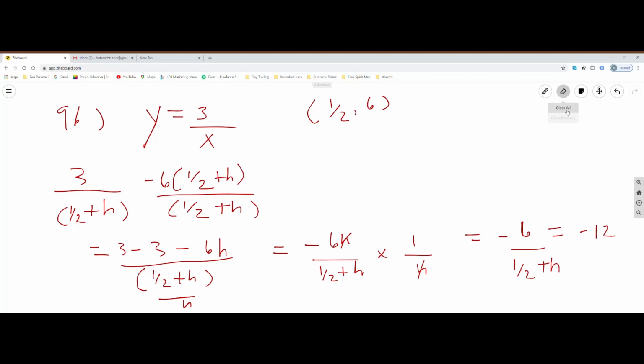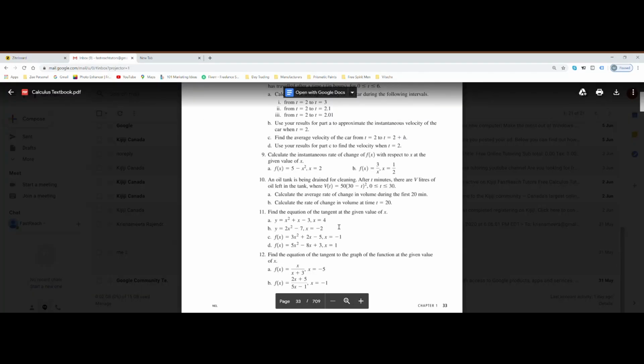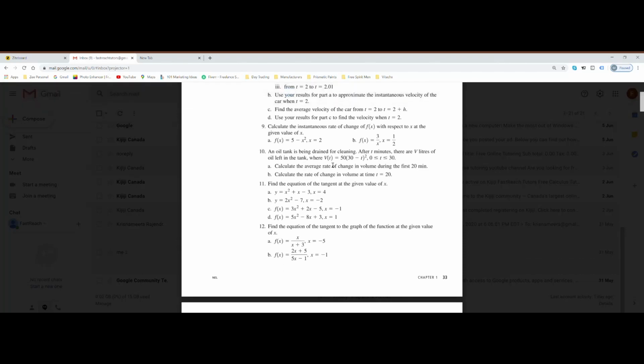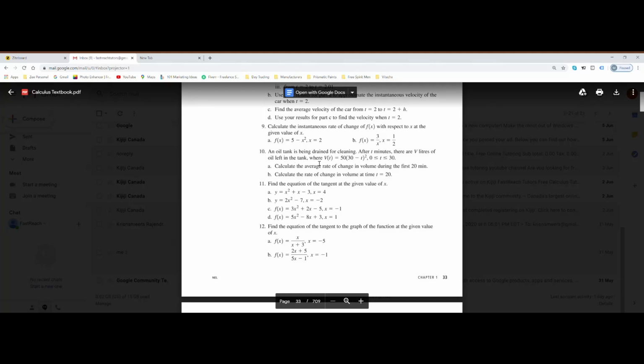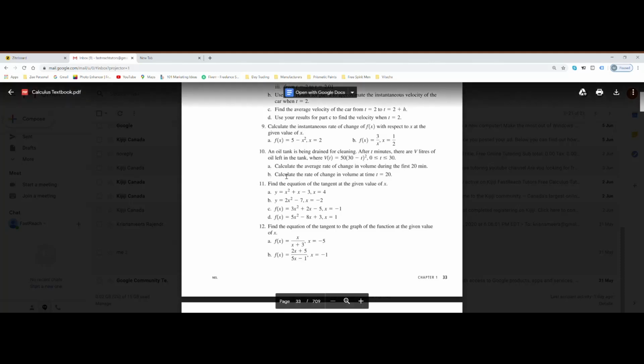So now let's do 10. So for 10, you have an oil tank is being drained for cleaning. After t minutes, there are v liters of oil left in the tank, where v equals 50 times (30 minus t) squared. Calculate the average change during the first 20 minutes.